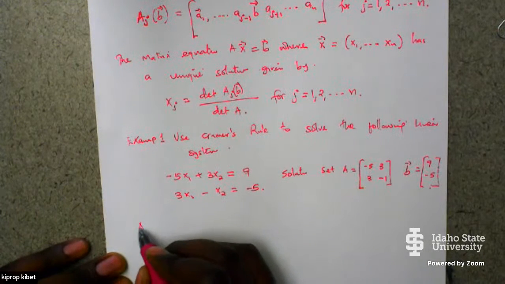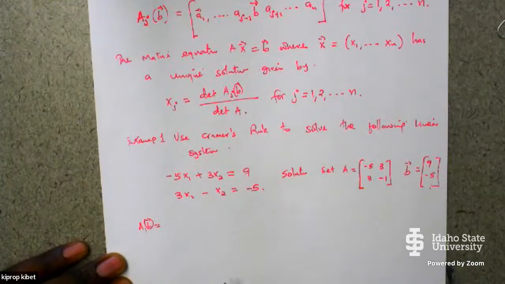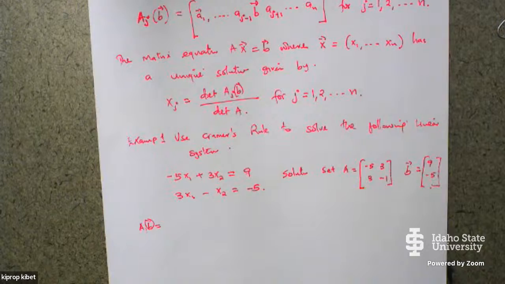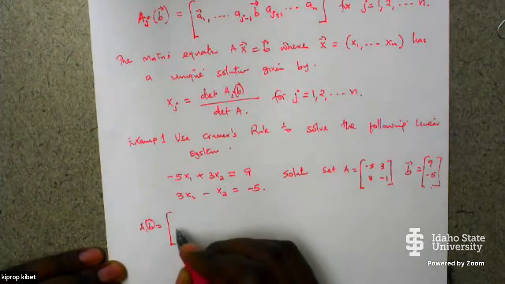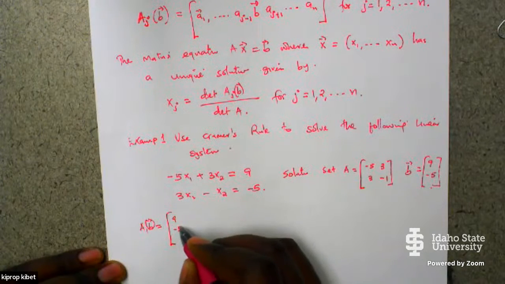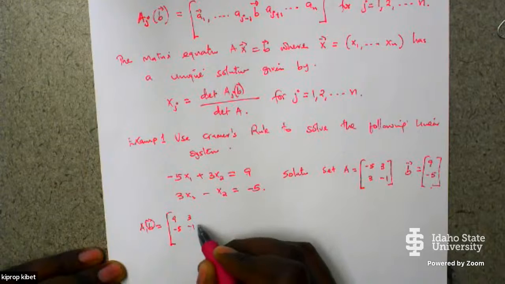A1(B) is replacing the first column here by this, so A1(B) is equal to 9, minus 5, and then maintaining 3 and minus 1.